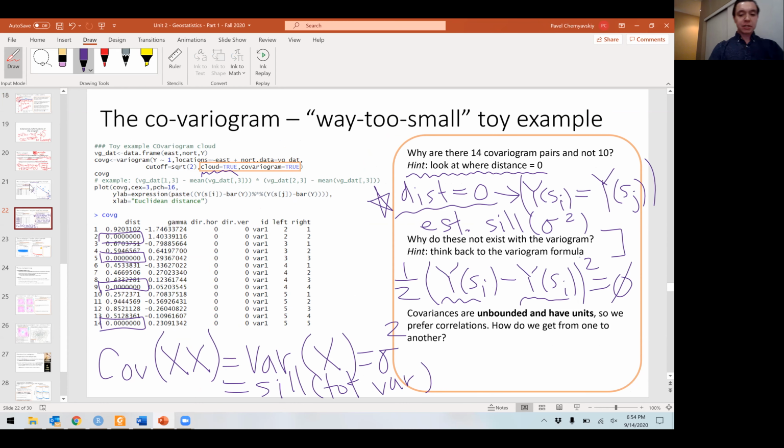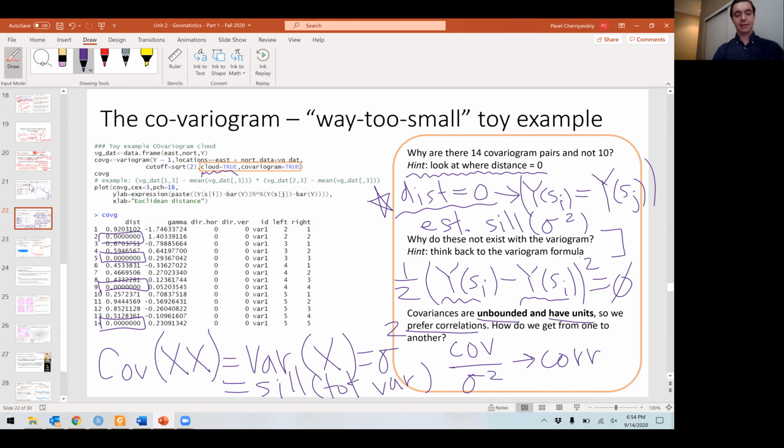So I mentioned that covariances are unbound and have weird cross-product units. We don't like that. That means I can't tell how large is large and how small is small. That's bad. So we prefer correlations. How do we turn a covariance into a correlation? We take a covariance and we divide it by the variance, and that gives us a correlation.